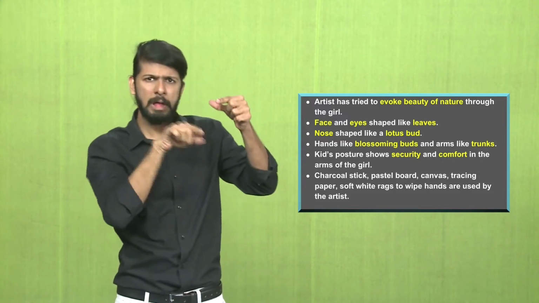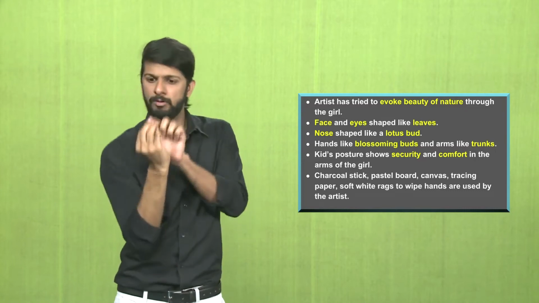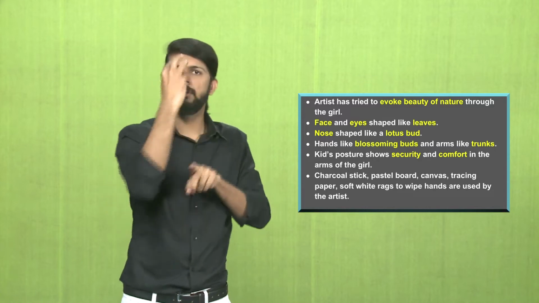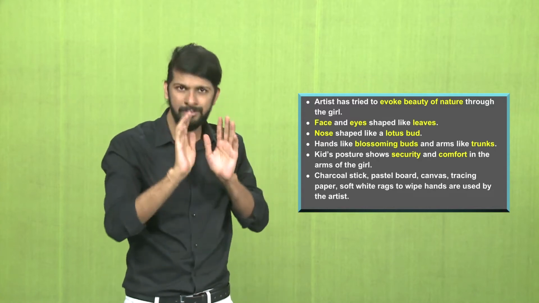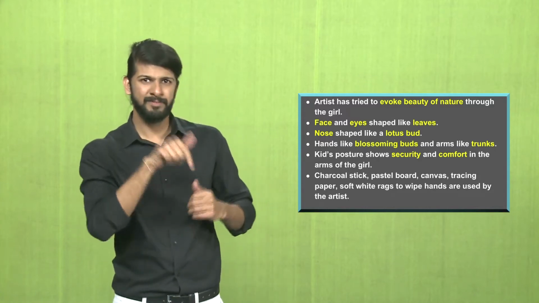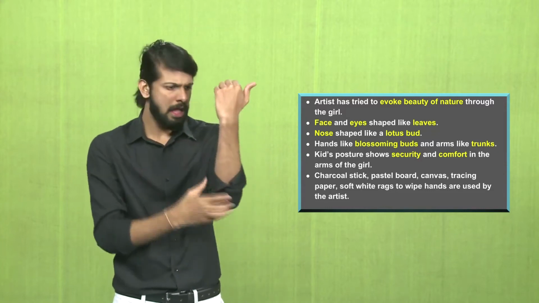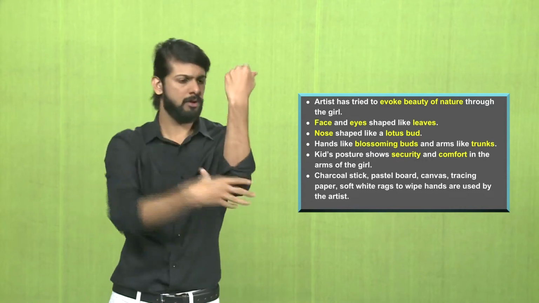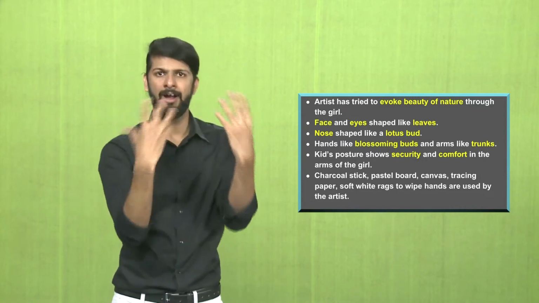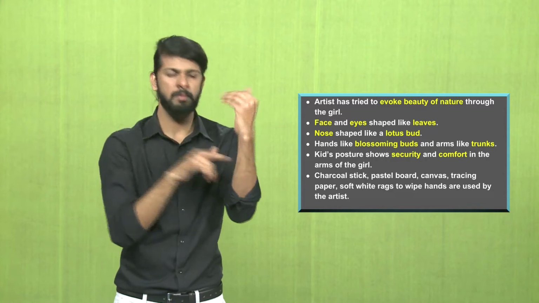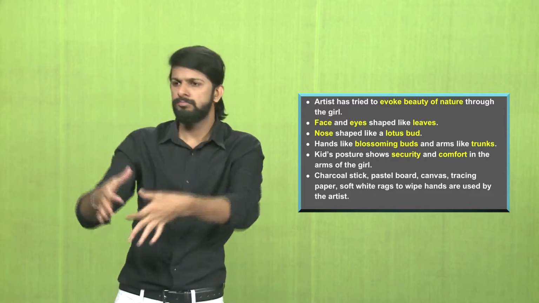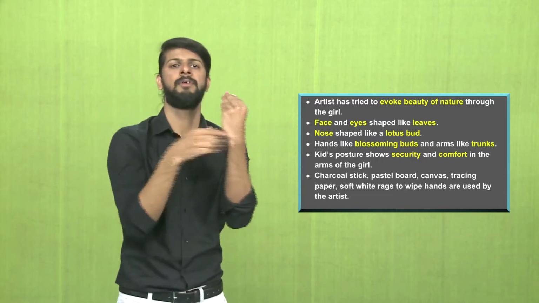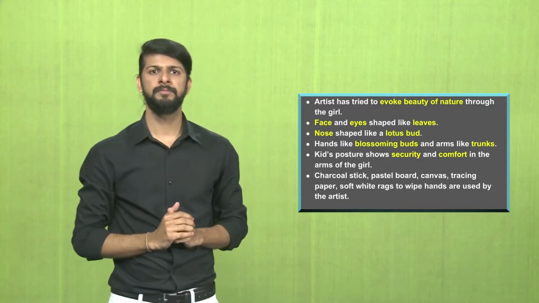The nose is shaped like a lotus bud. The hands are shaped like blossoming buds. The arms are shaped like trunks of the tree, again taking from nature.